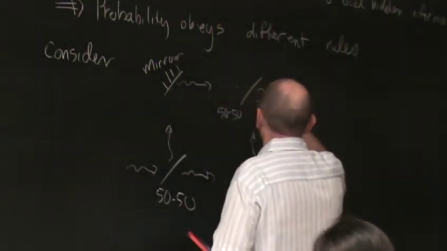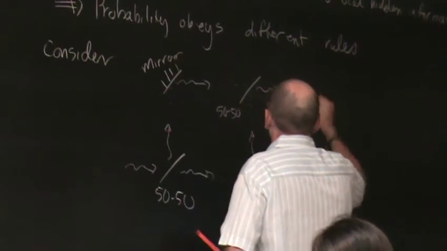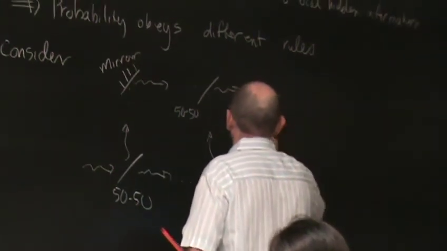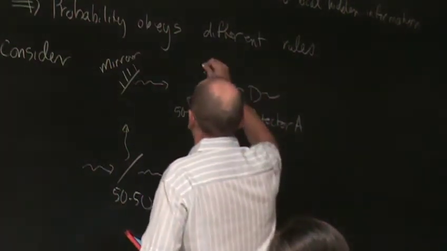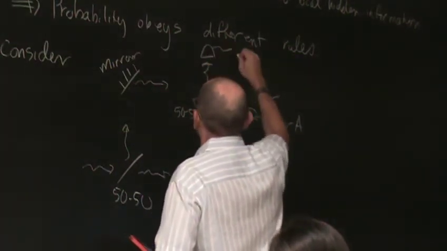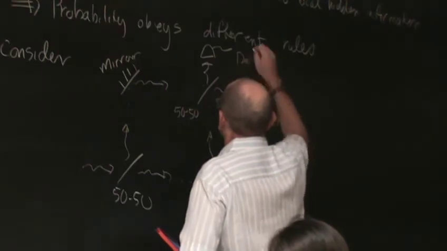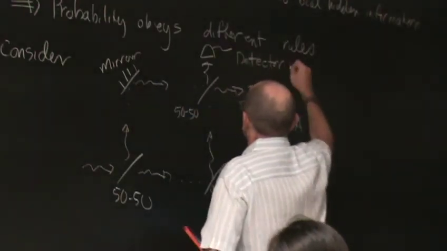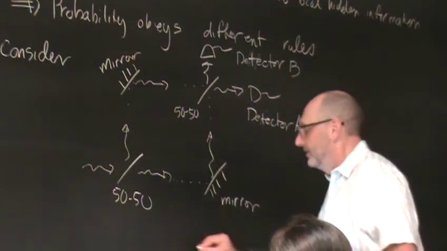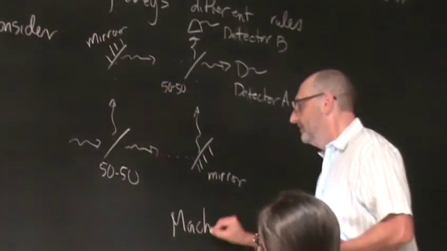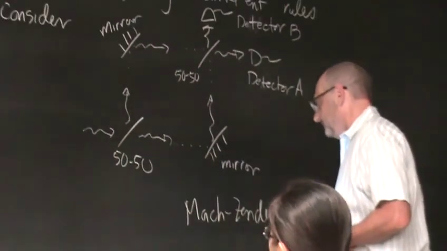And now I put a detector here and another detector here. Okay? This is what's known as a Mach-Zehnder interferometer.